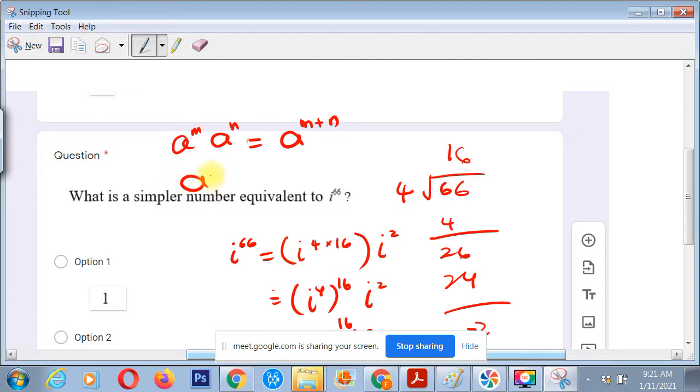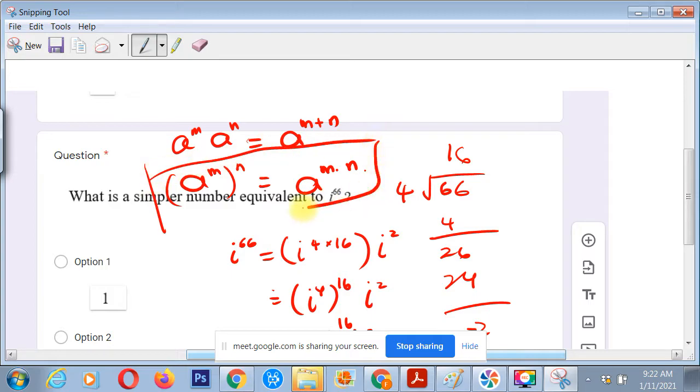If we have (a^m)^n, it will be a^(m·n). Whatever is inside here we just add, until n power.